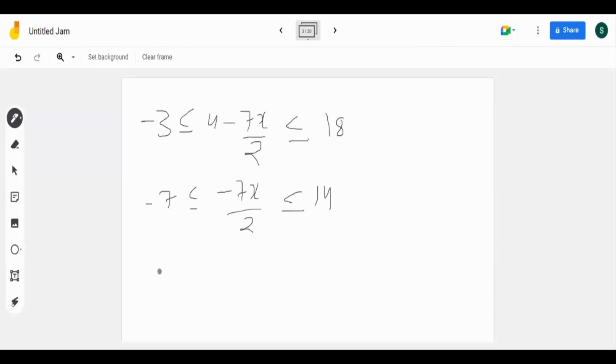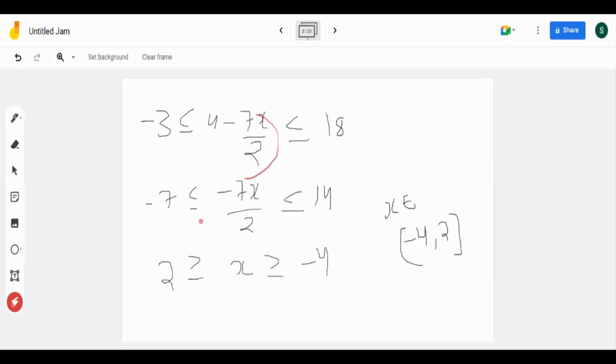So this will give us 2 greater than or equal to x greater than or equal to minus 2 by 7 times 14, so minus 4. So our answer will be x belongs to minus 4 to 2, including both of them. As you can see, this was again very simple, just to solve the fraction. To get x, we have multiplied by minus 2 by 7 here.